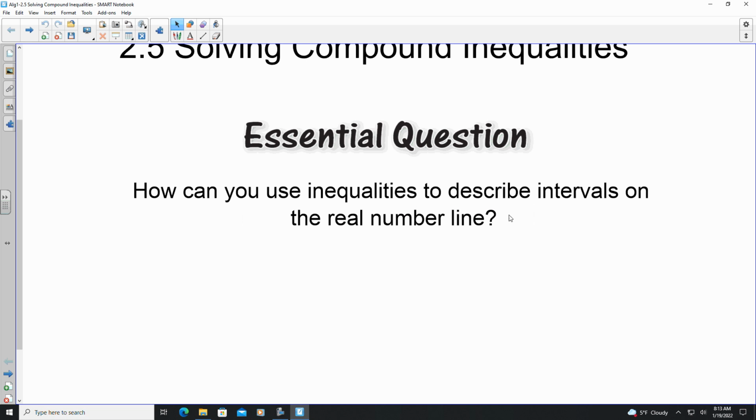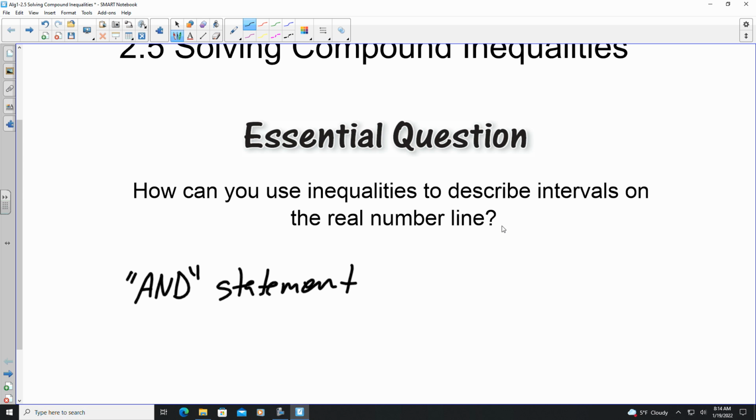So the two statements that you are going to look at is first, are you going to attempt to identify is this particular compound inequality an and statement, or is this particular inequality an or statement?